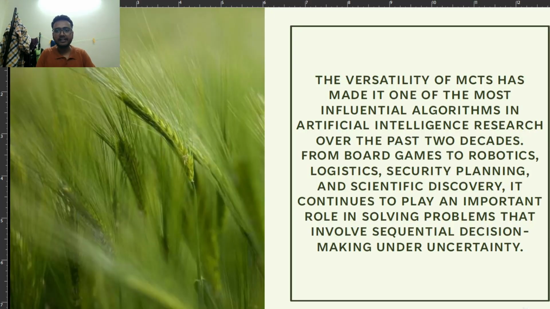The versatility of MCTS has made it one of the most influential algorithms in artificial intelligence research over the past two decades. From board games to robotics, logistics, security planning, and scientific discovery, it continues to play an important role in solving problems that involve sequential decision making under uncertainty.